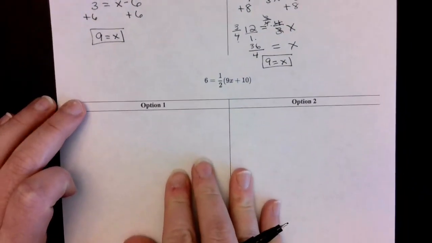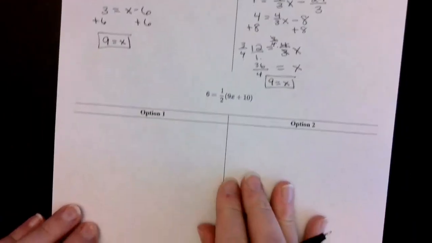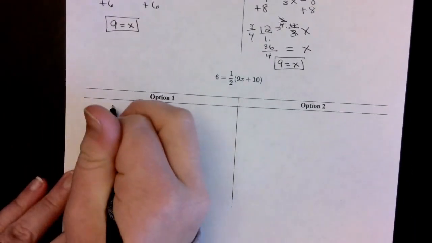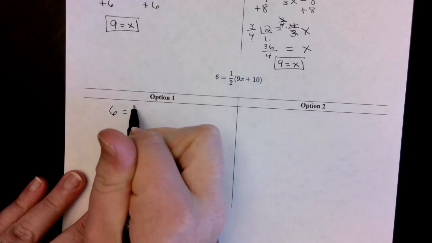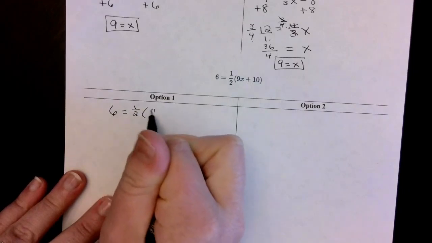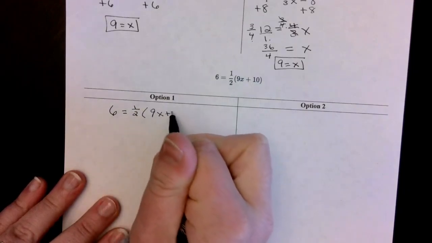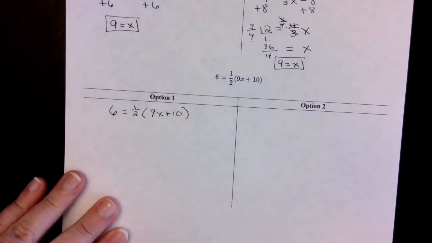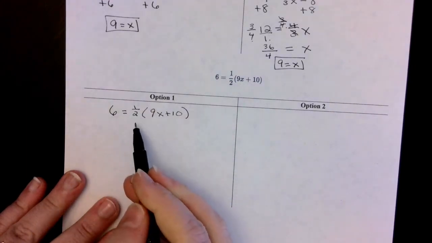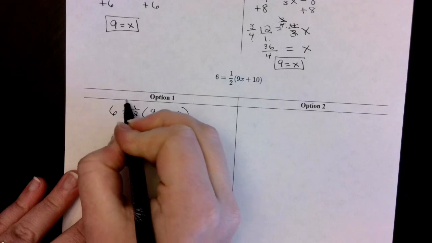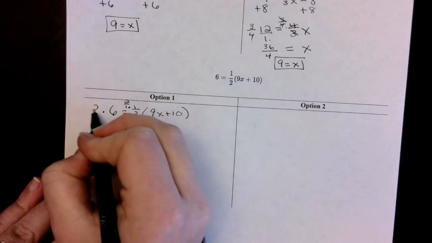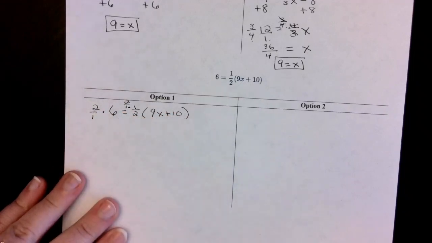Let's try one more using both methods. First method is to get rid of the fraction right away. So the reciprocal of 1/2 is 2 over 1. So I'm going to multiply both sides by the reciprocal.